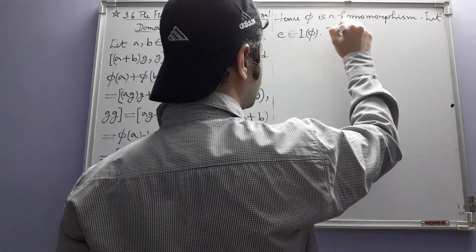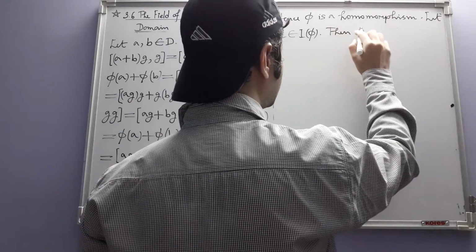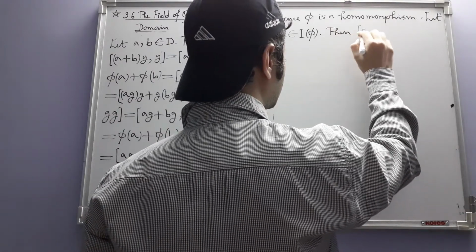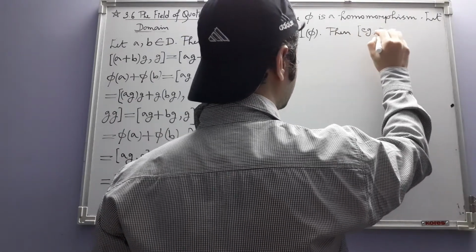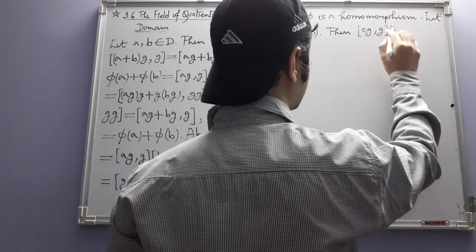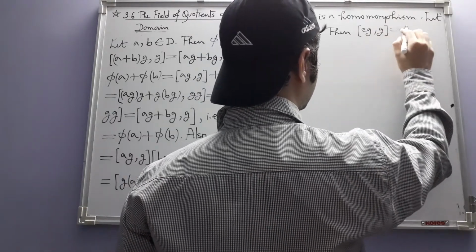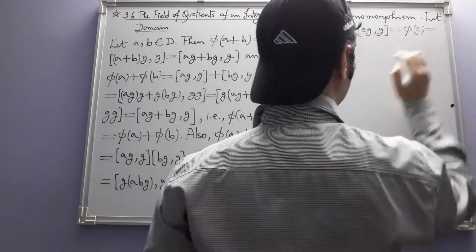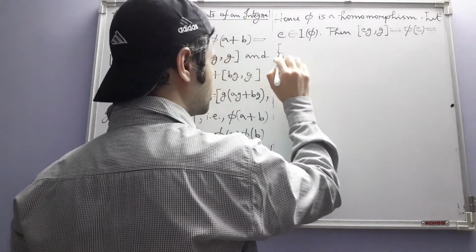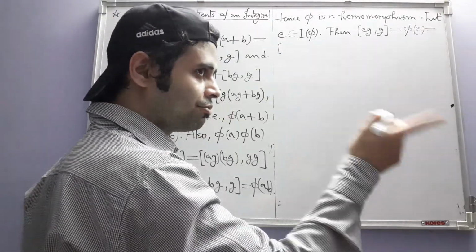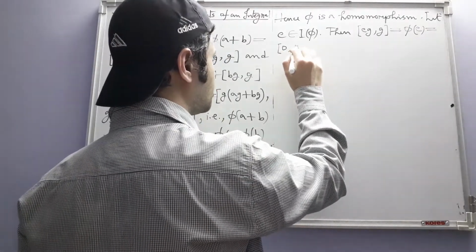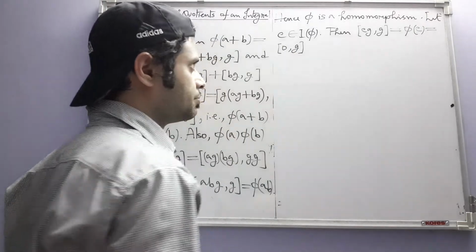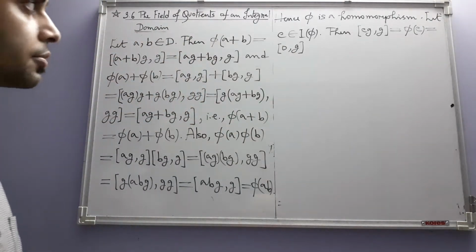Then (Cg, G) is equal to phi of C is equal to the zero element in the field, that is (0, G). Okay.